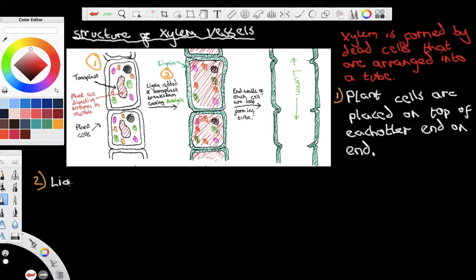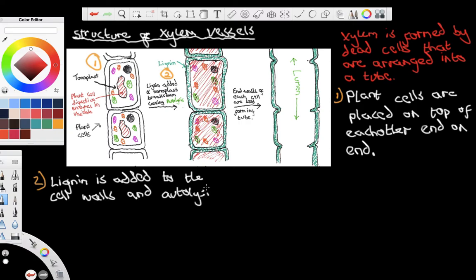So lignin is added to the cell walls and autolysis happens. Okay, and we need to think about a couple of these words. So we've got lignin being added to the cell walls and we've got autolysis happening.